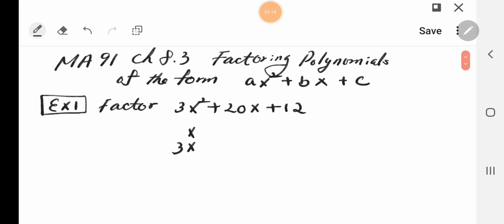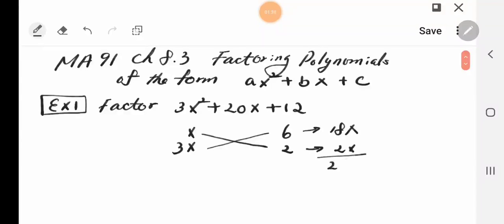So let's try 6 times 2. It can be 2 times 6 or 6 times 2, so let's try 6 times 2. Then the cross multiply is 3 times 6, which is 18x, and this cross multiply is 2x, then the sum is 20x.